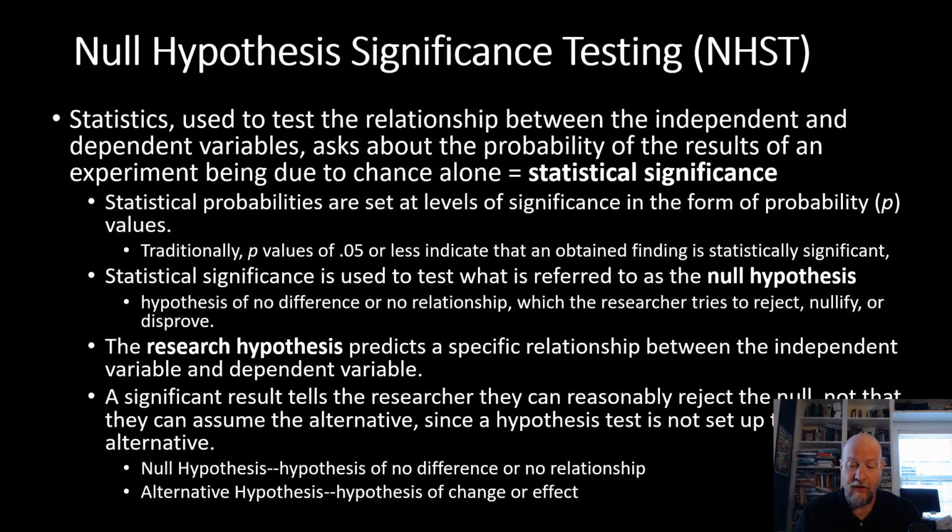The alternative hypothesis, the research hypothesis that they held, was brain plasticity training results in higher scores than in groups that receive either a control or an educational DVD that has nothing to do with brain plasticity. So this is at the heart of null hypothesis significance testing: understanding what the null hypothesis is, that there is no relationship, and that a statistical test tells us whether or not we can reasonably reject the null hypothesis.